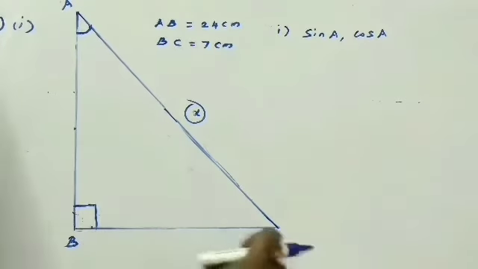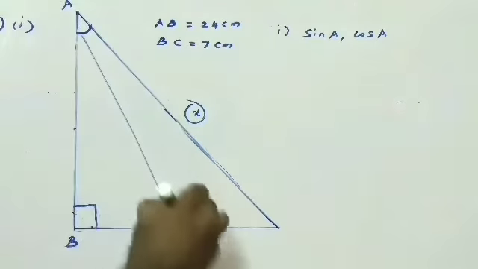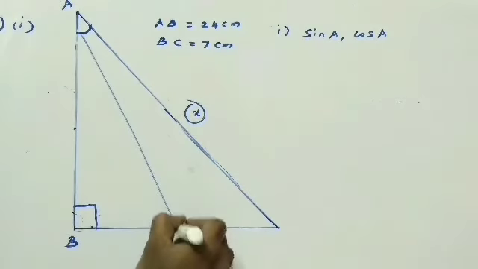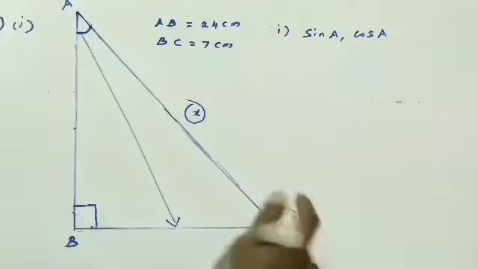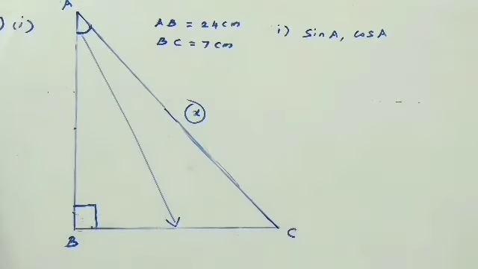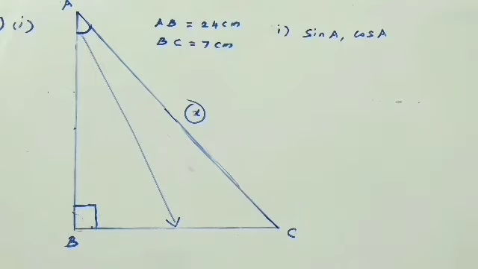The vertical portion here, opposite this angle, is called the opposite side. The slant portion is called the hypotenuse. So ABC is a right angle triangle. It is a right angle at B. So this is a vertical portion. Put B here. This is the right angle.